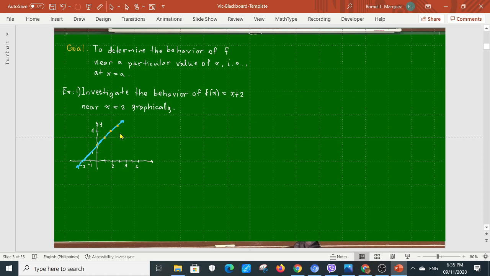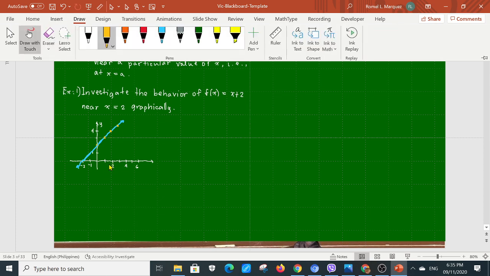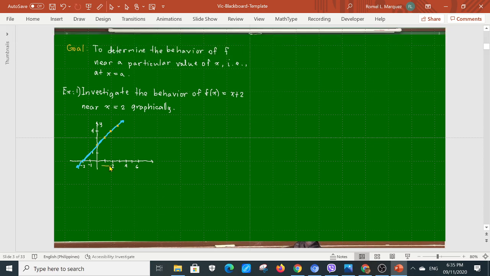It so happens that the function is defined there. Okay? So my interest is on x equals 2. I want to travel along the line approaching this value x equals 2 from the left and also from the right. So I will travel now.